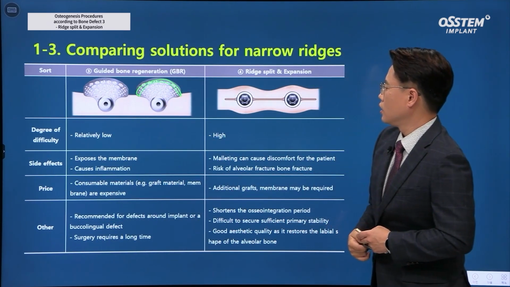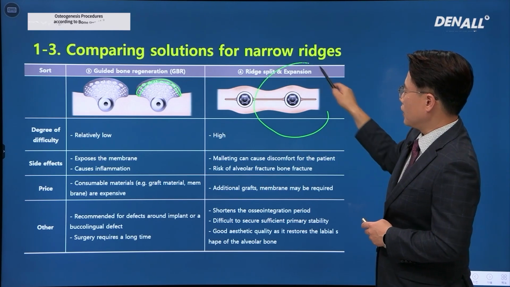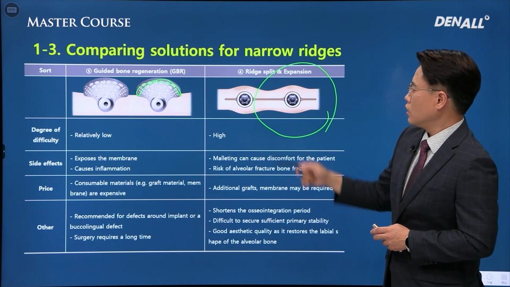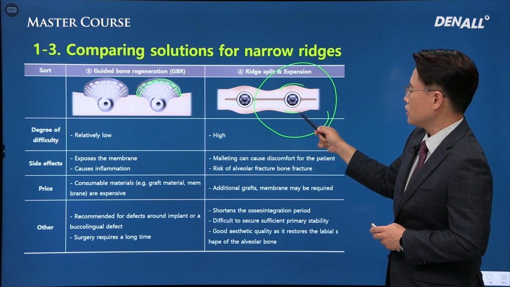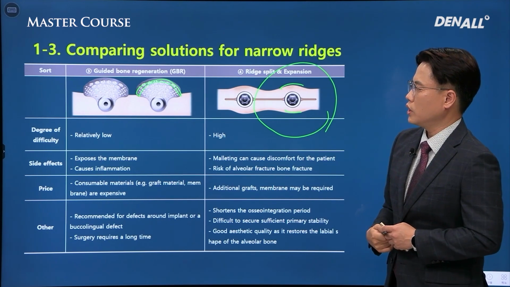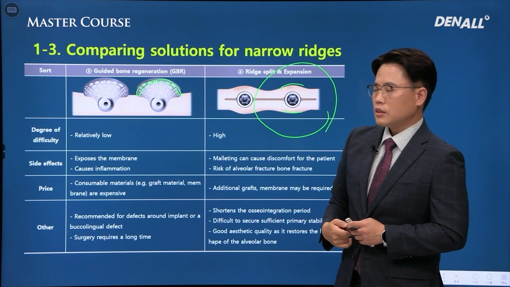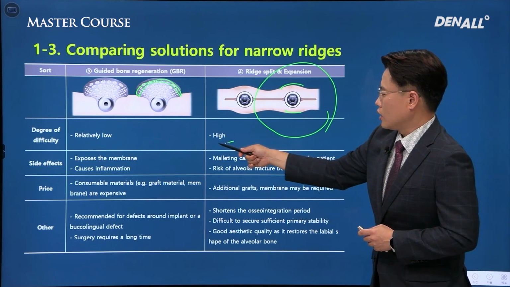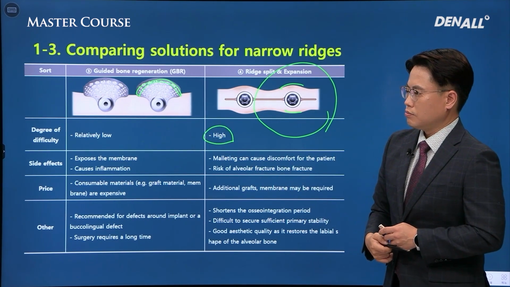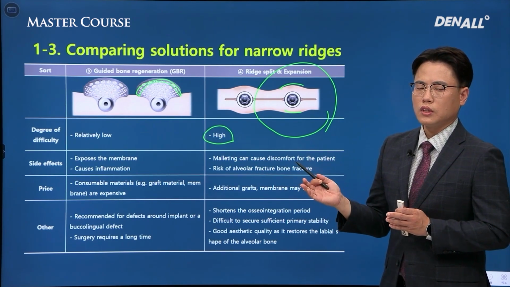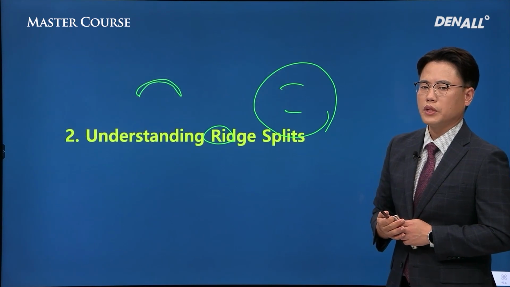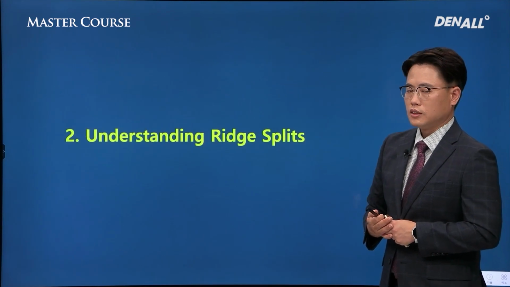This is going to be addressed today, but you can also use ridge split to secure this thickness. Many people find it difficult, but if you choose the right case and proceed appropriately, then the procedure will not be as difficult.